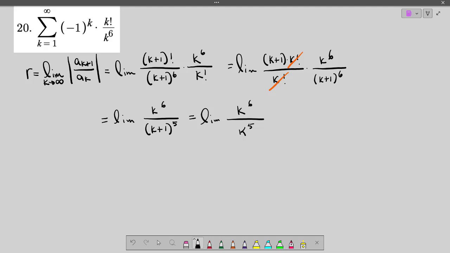K to the 5th is always going to dominate 5 bazillion times k to the 4th, eventually, when you're going all the way out, and k can be as large as you want. The leading term is the only term that matters. And this limit then becomes a basic limit, a limit of k as k goes to infinity. And that, of course, is infinity, so therefore we have divergence.